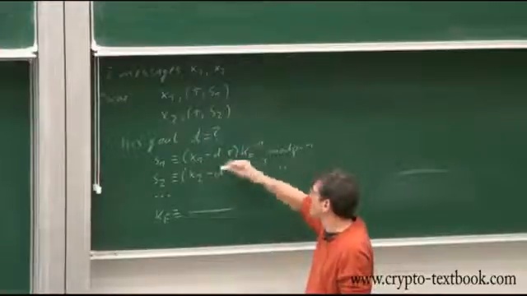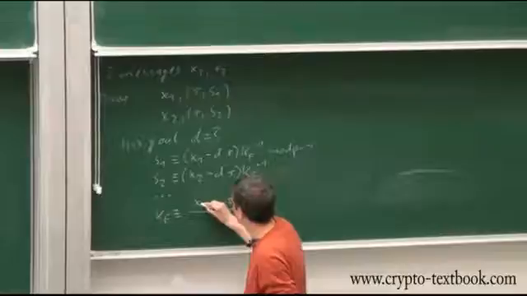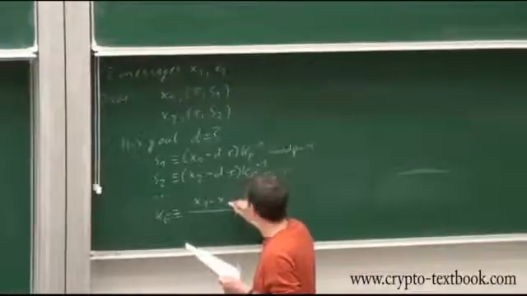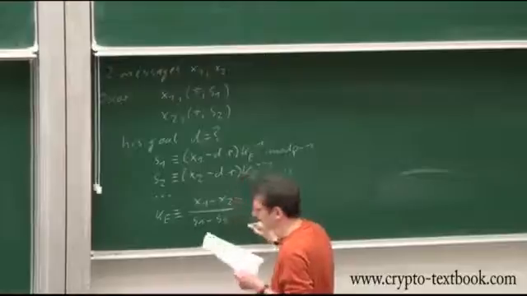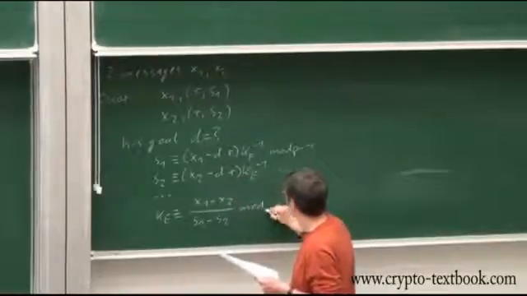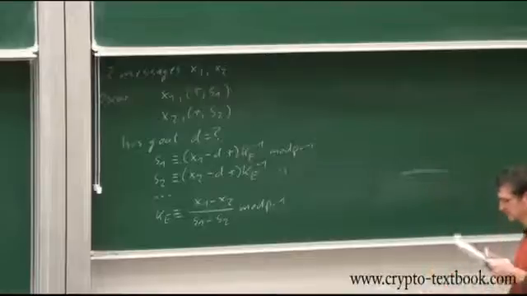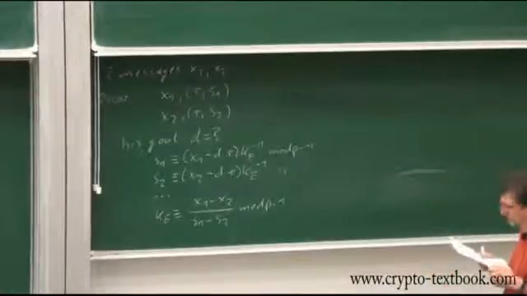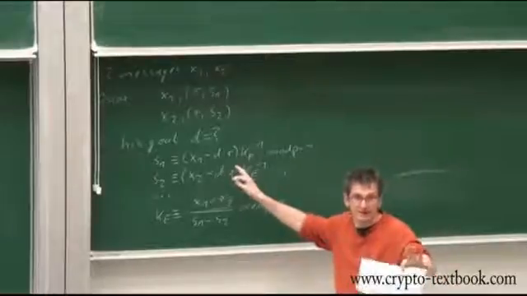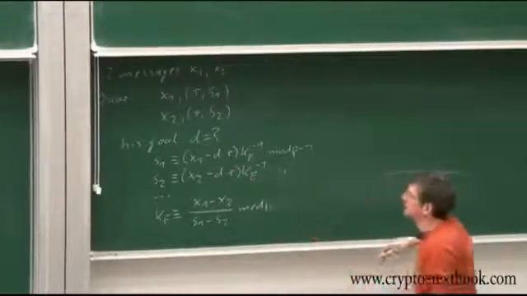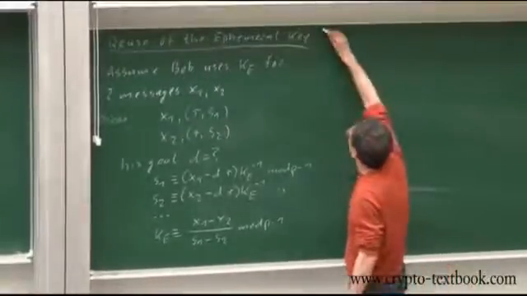Okay, so you can get rid of D times R, and you end up with an expression for KE. Again, this takes 2 minutes to derive. This is very simple. So now he has the ephemeral key, which by itself is maybe not that spectacular.